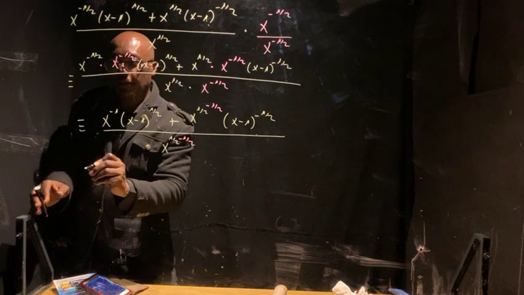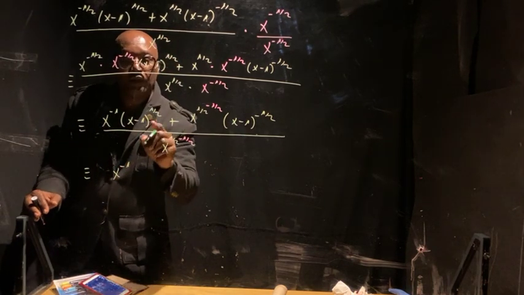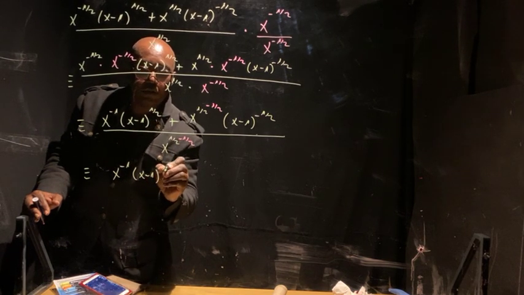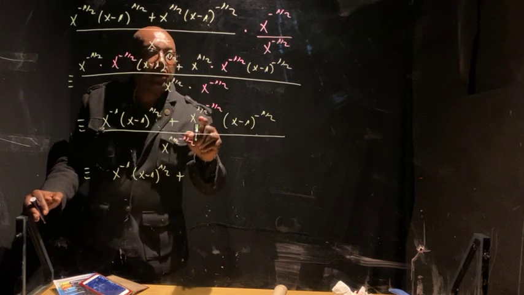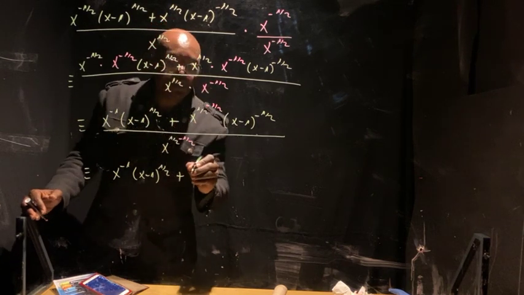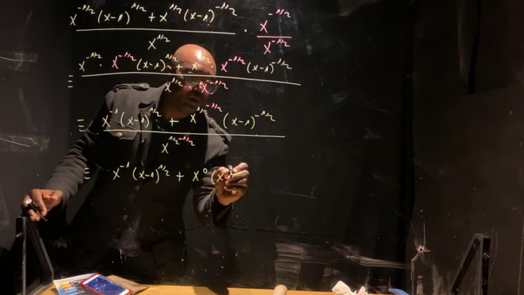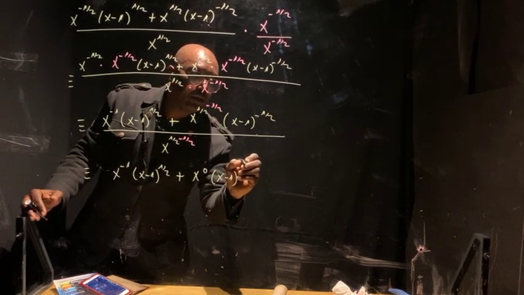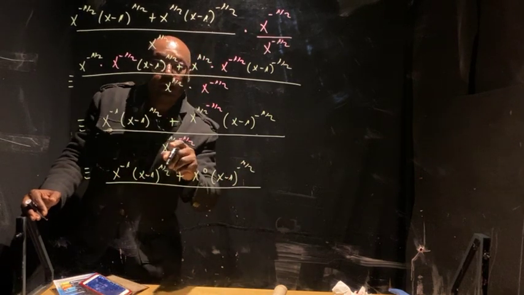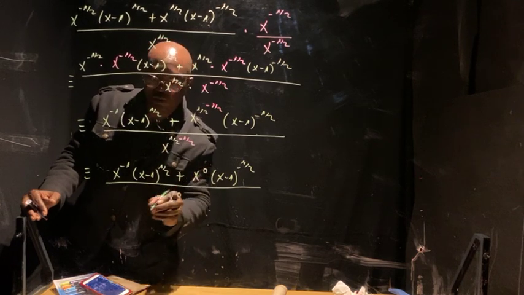So we have x raised to the power negative 1, x minus 1 raised to the power half, plus half minus half is equals to 0. We have x raised to the power 0. Then we have here x minus 1 raised to the power negative half, divided by x raised to the power half minus half is equals to 0.